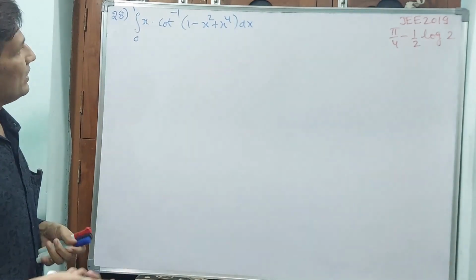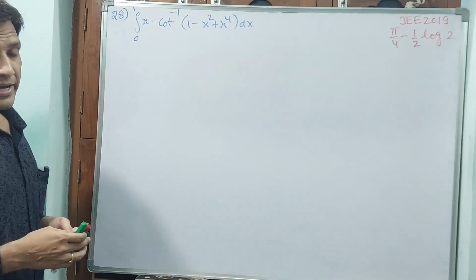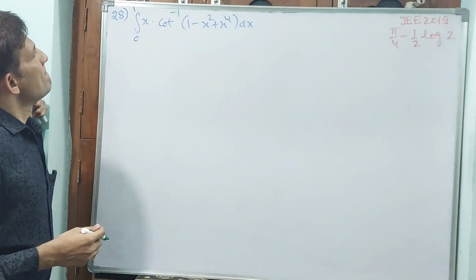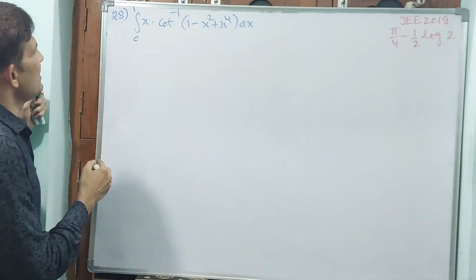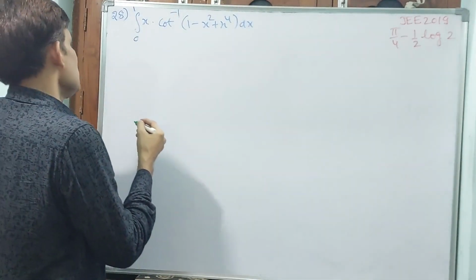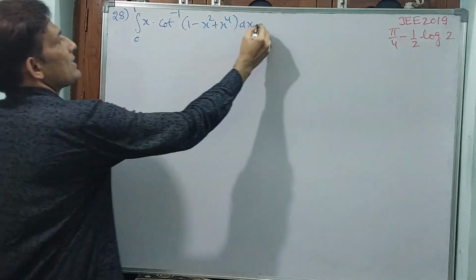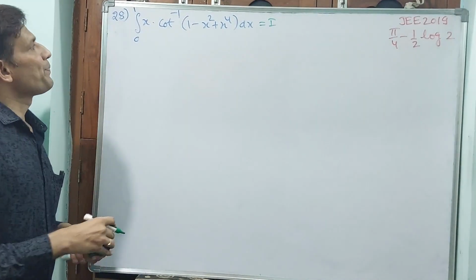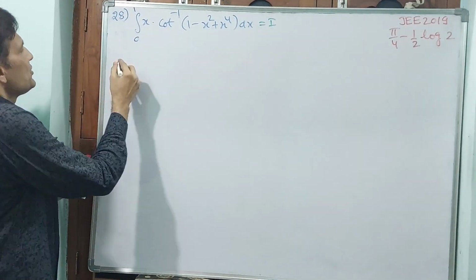And a little bit, this tan inverse trigonometric formula you should also know. Let us take this as I, because I want to split it afterwards into I1, I2. Shall I change this like this?